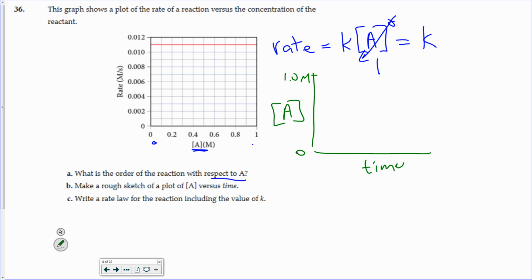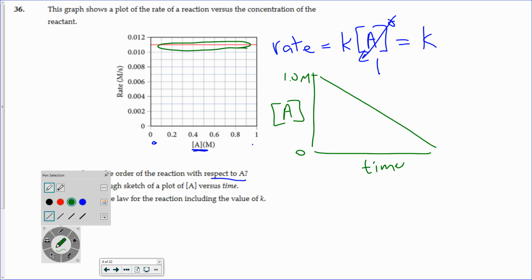If it were 1 molar as your initial concentration, the fact that the rate's the same and it's consuming the reactant at exactly the same rate, that plot's going to be a straight line falling off with a negative slope. Constantly consuming it at the same amount, because regardless of which concentration you have through here, it's always exactly the same.